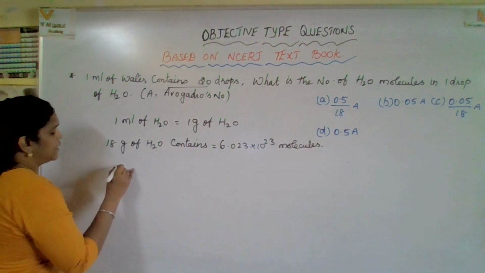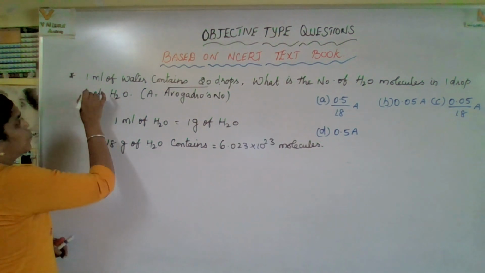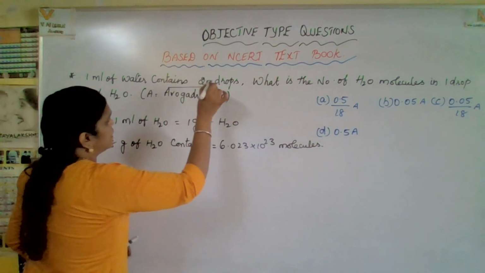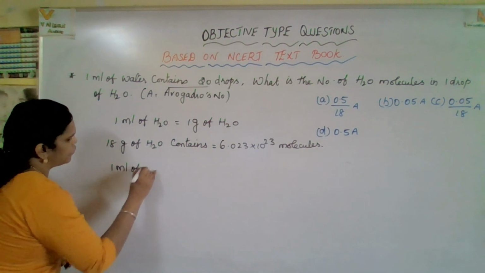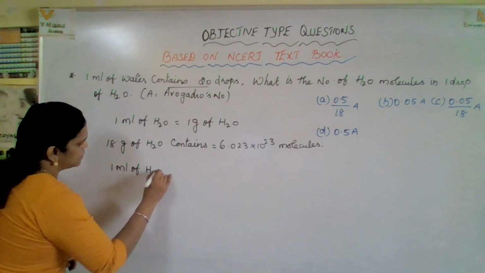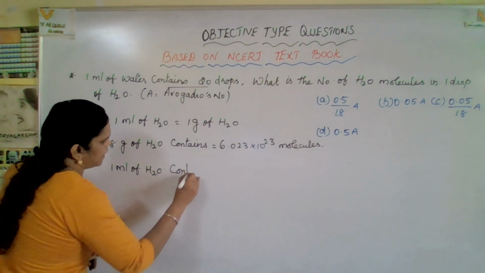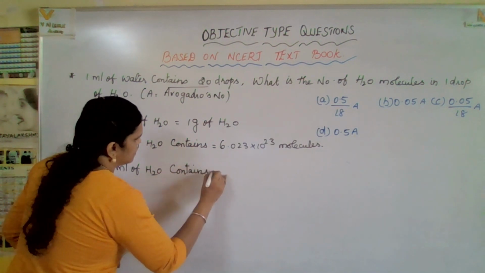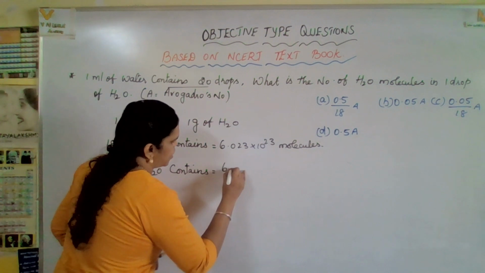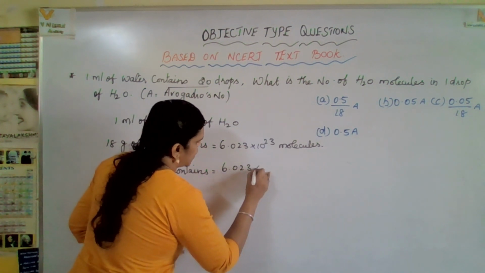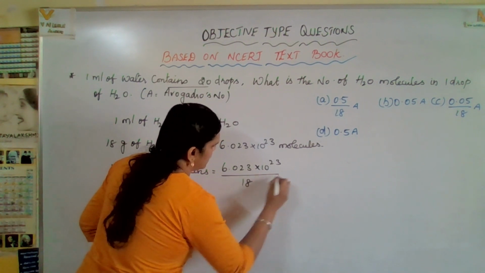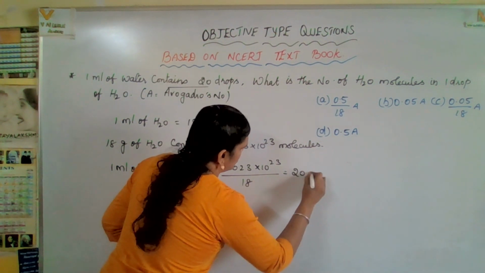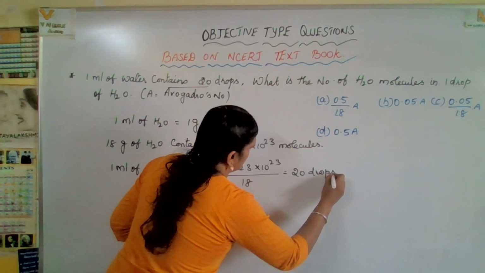So, here what they mentioned, 1 ml of water contains 20 drops. So 1 gram of water contains 6.023 into 10 to the power of 23 divided by 18 molecules, equal to 20 drops. Right?